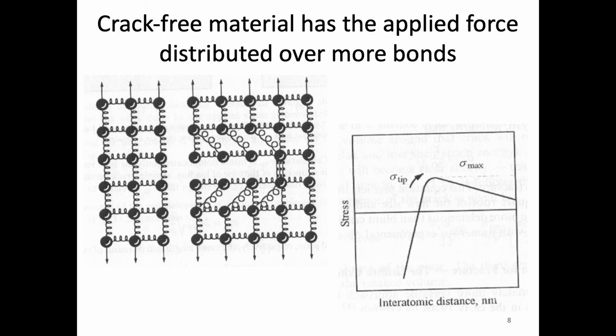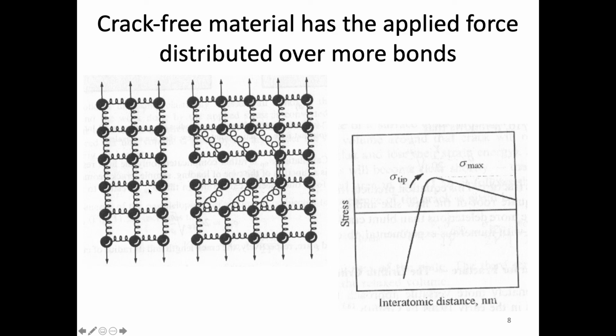All right, so we know that ceramics break at lower than their theoretical values, and we know that all materials have flaws. So let's take an example of a crack-free or defect-free material. That's the one here on the left.